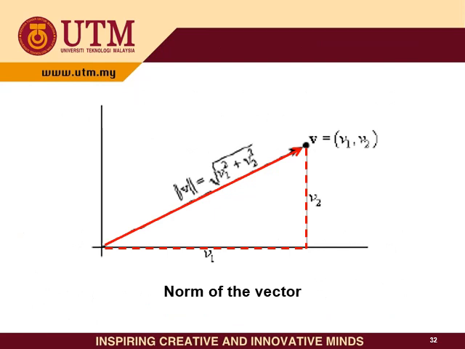This is where the norm of the vector is calculated, or the length. So we can see this equation that you calculate here will be the length of this V1, V2.